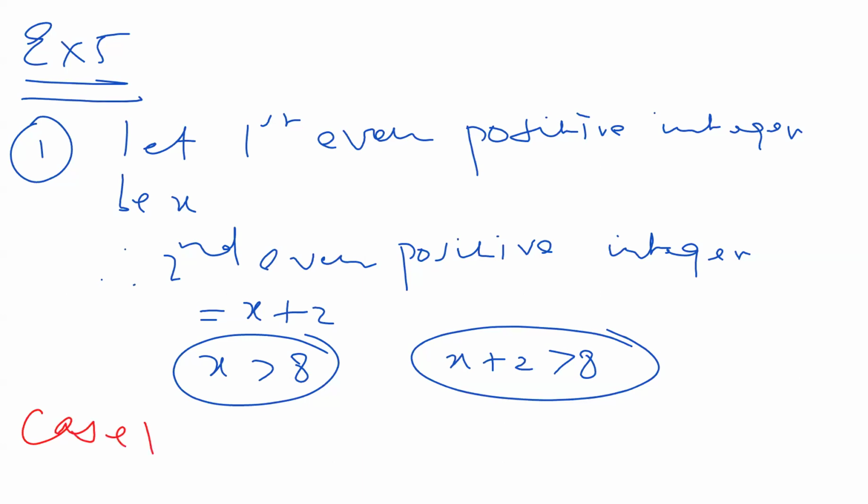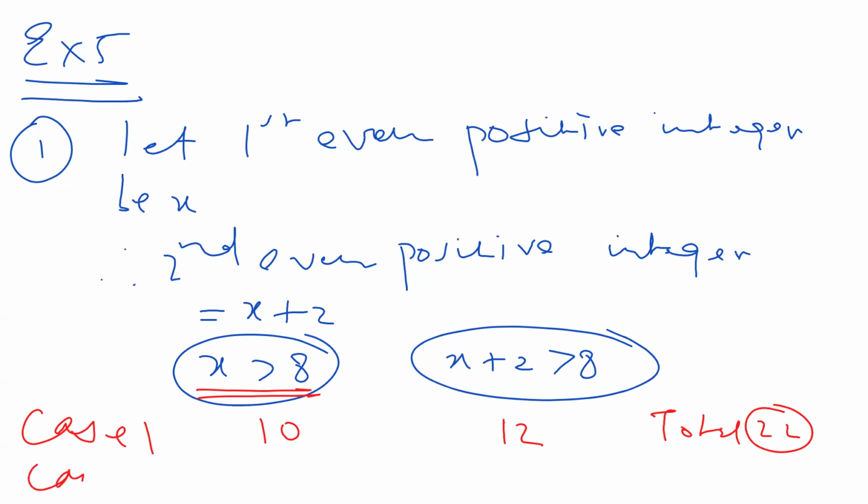What is the first positive even integer which is greater than 8? 10. Perfect. So this will be 12. Is the sum less than 25? Correct, because the total is 22, which is less than 25.